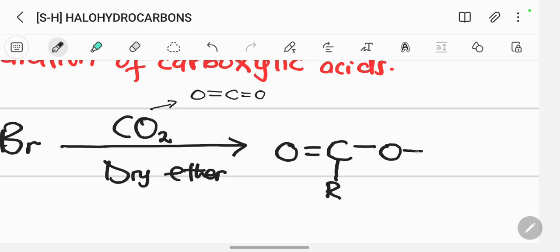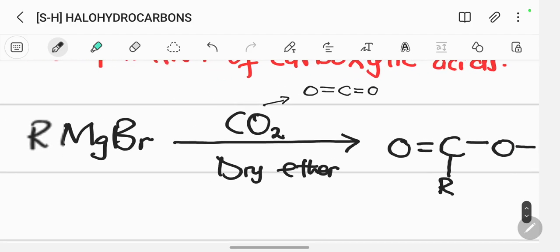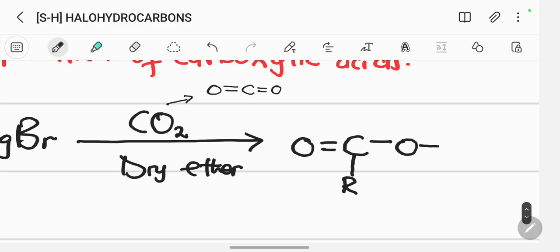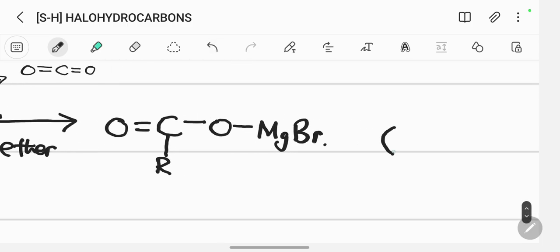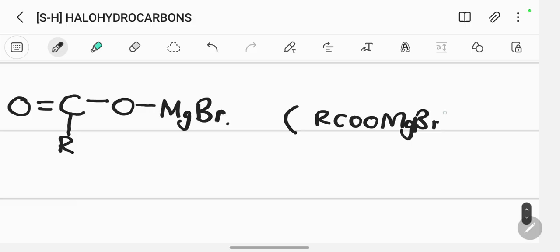Then that bond is going to be taken there, and magnesium bromide sits there, such that after having this, some books may write it as RCOO magnesium bromide, like that.